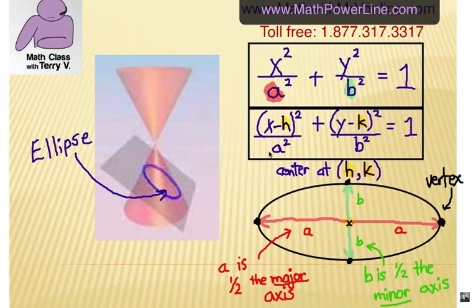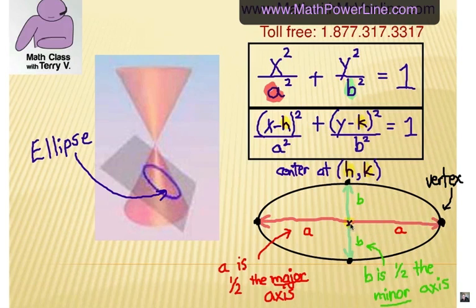In the denominators here, we have a squared under the x's and b squared under the y's. It looks fairly complicated, but once you know what to look for, you know how to graph the ellipse. If you find the a value, that's the major axis, the horizontal part of this ellipse, how wide it is.